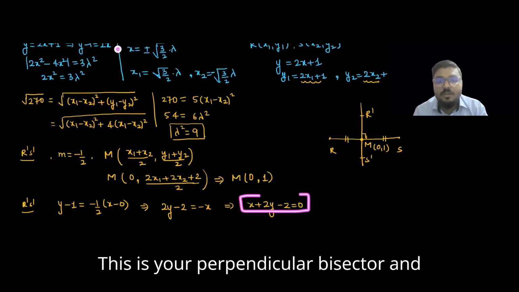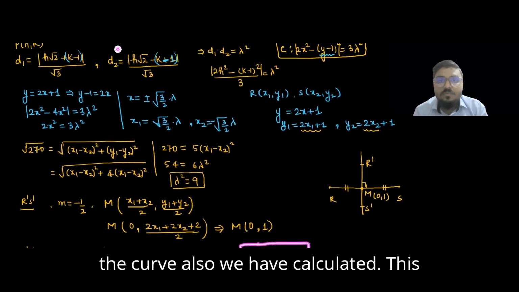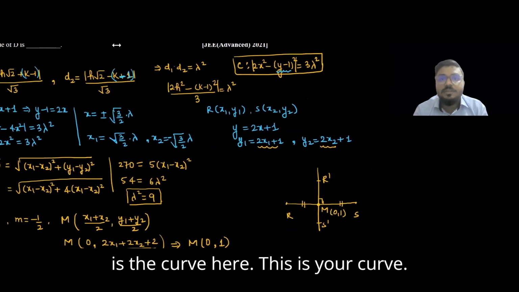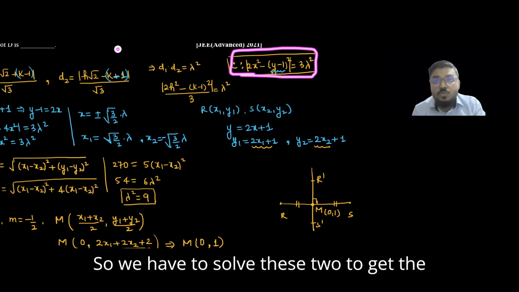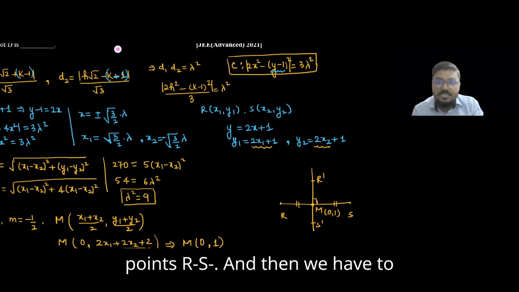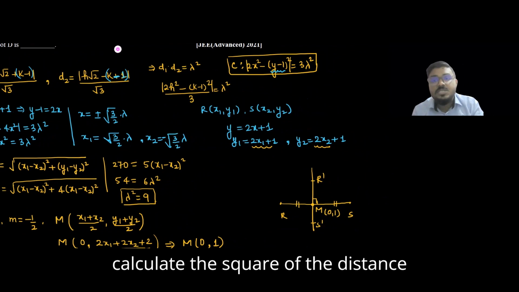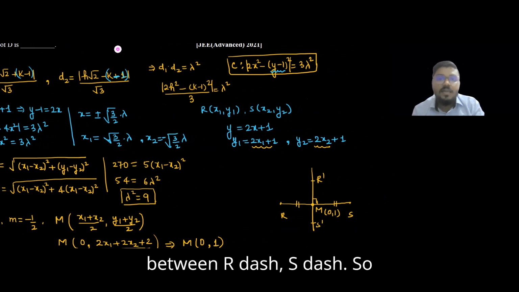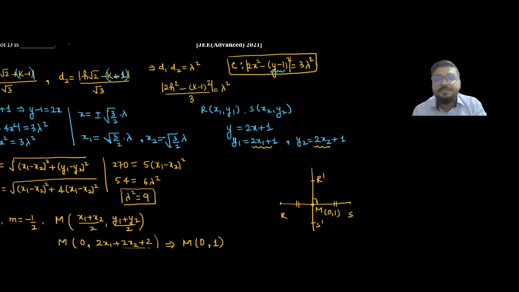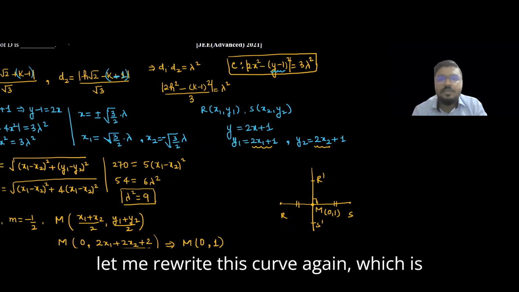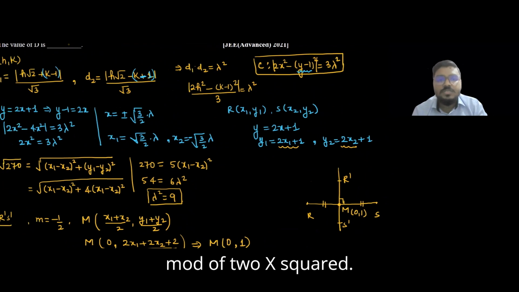This is your perpendicular bisector. And the curve also we have calculated. This is your curve. So we have to solve these two to get the points R dash S dash, and then we have to calculate the square of the distance between R dash S dash. So let's start now. Let me rewrite this curve again, which is mod of 2x square.